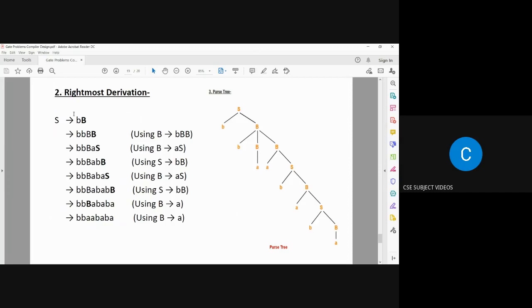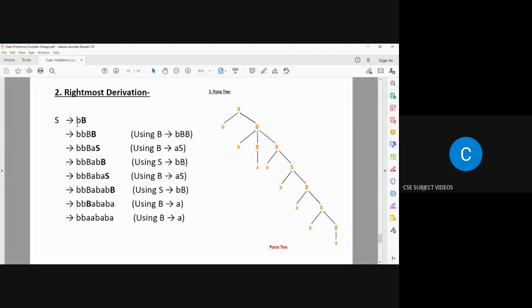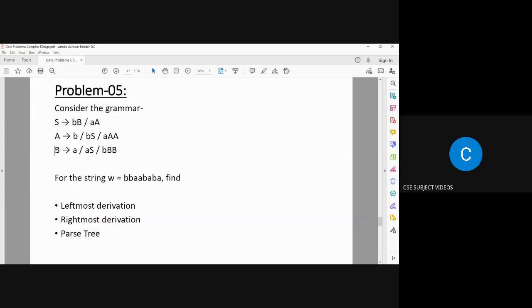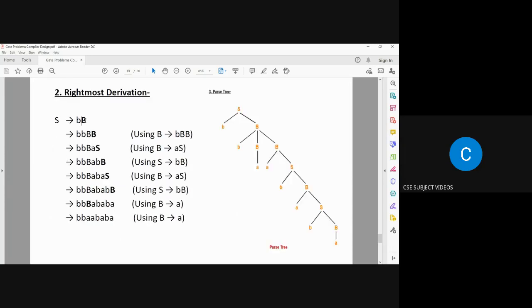So come to rightmost derivation. S derives BP, again taking the same derivation. Again, according to our third production, B derives BP. So the non-terminal B is replaced by BP.